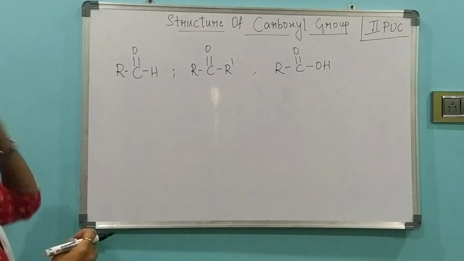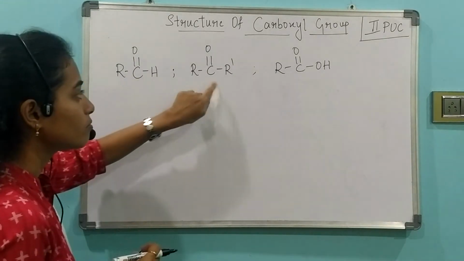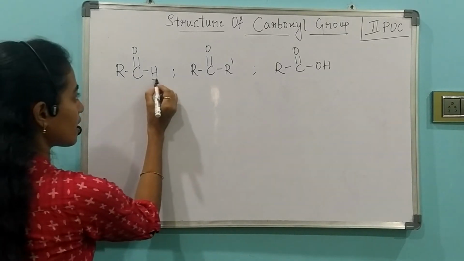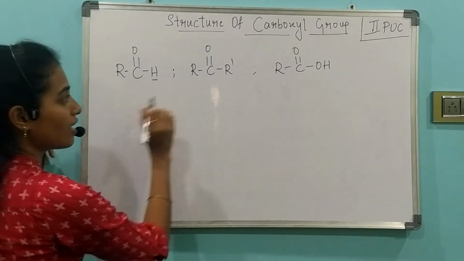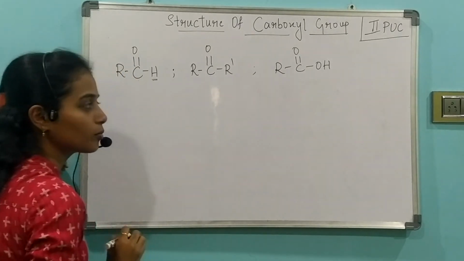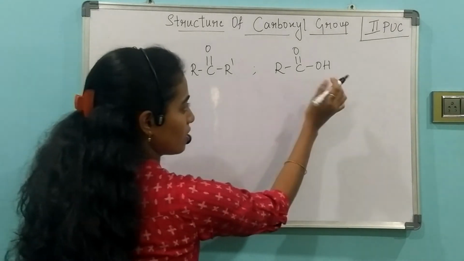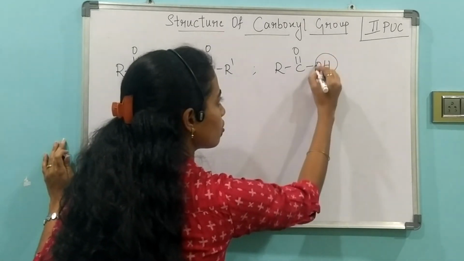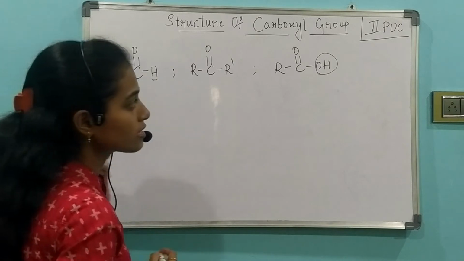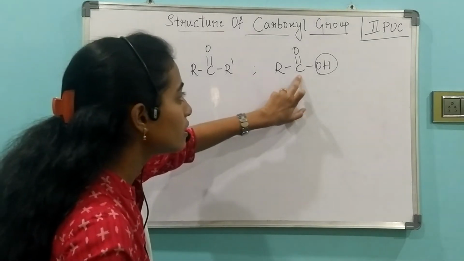See, in this we have the carbonyl carbon over here. It is a carbonyl group where we have hydrogen attached to this carbon, and here we have the alkyl or aryl group on this carbonyl carbon. But here, we have the hydroxyl group attached to the carbonyl carbon.